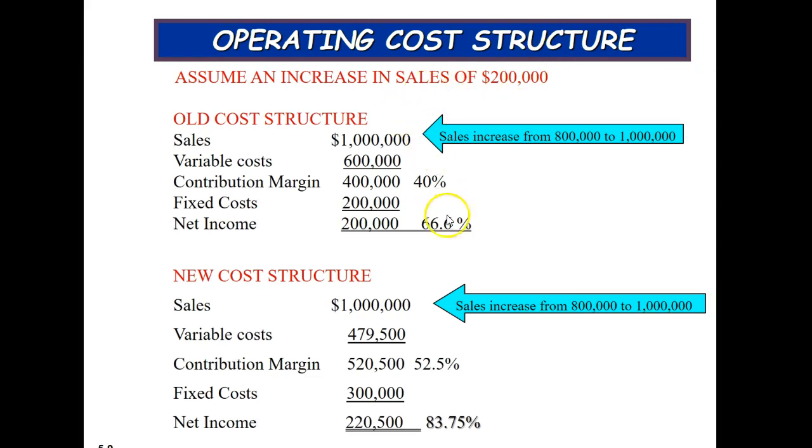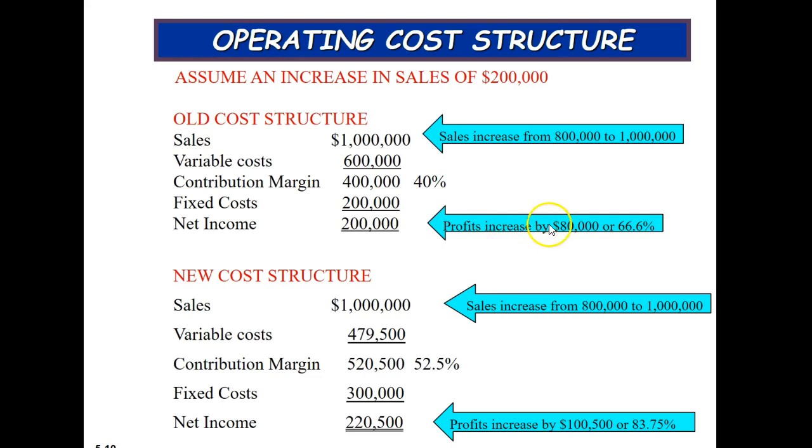With the old cost structure, my contribution margin would be 400,000 and my net income would be 200,000. With the new cost structure, if sales increase from 800,000 to 1 million, my contribution margin now would be 420,000. Fixed cost higher, but my net income is also higher.